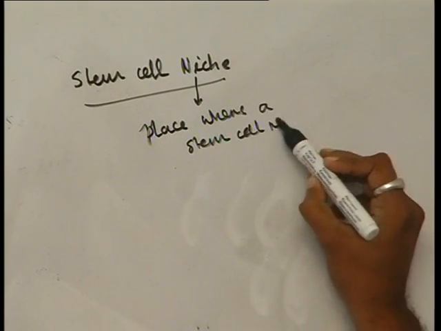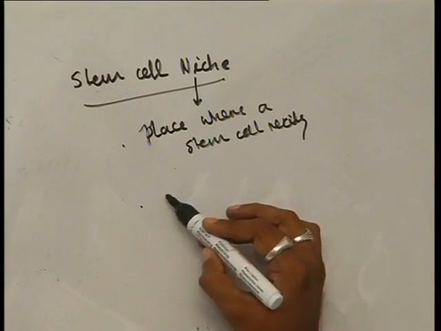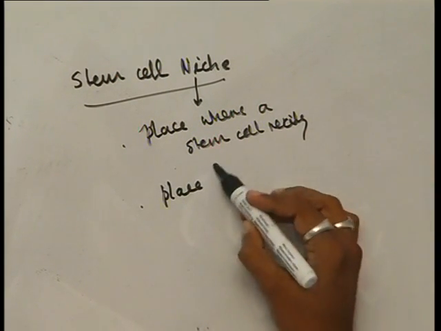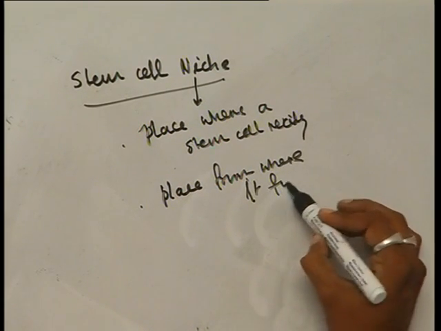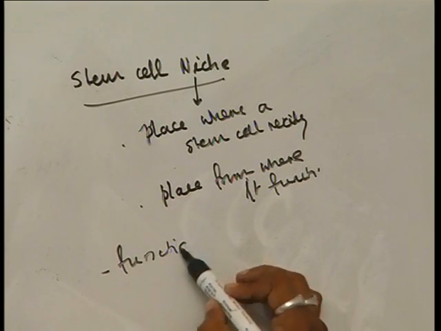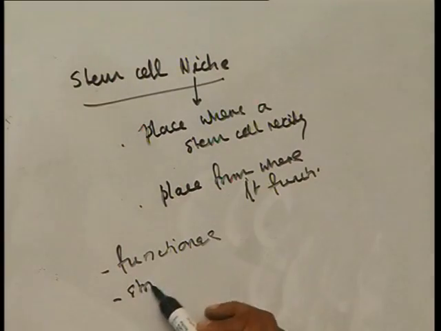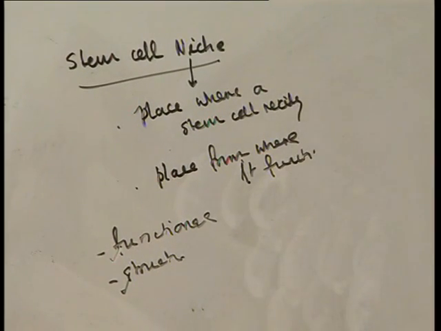Second, it is a place from where it functions. So, it is both a functional definition as well as a structural definition. It is not only a place it stays, but also a place where it functions from. So, it is both functional and structural in nature, and that is called a niche.